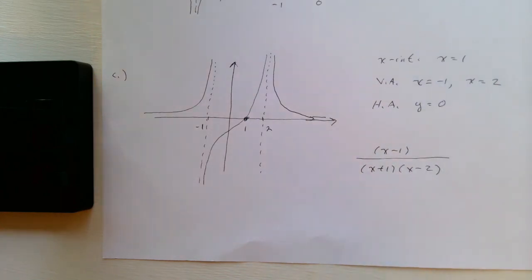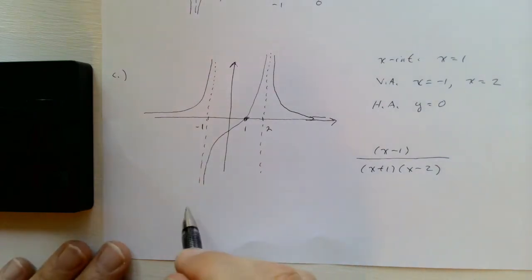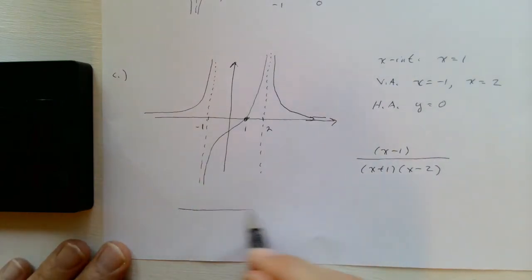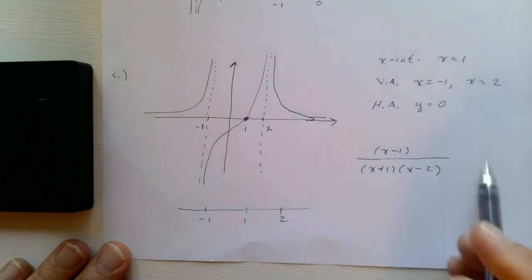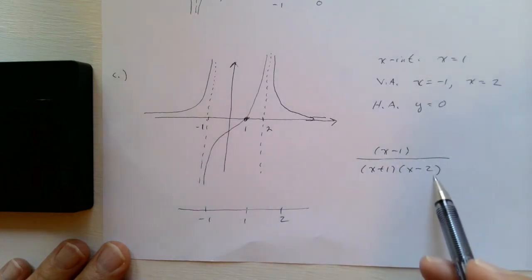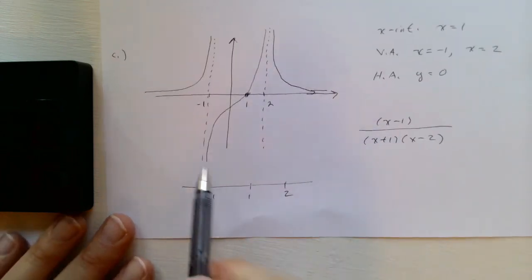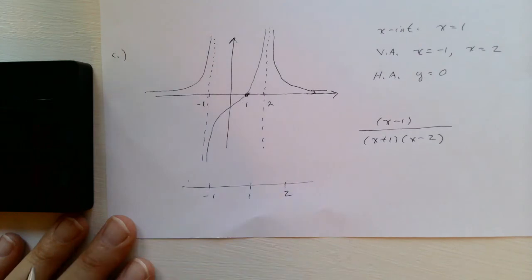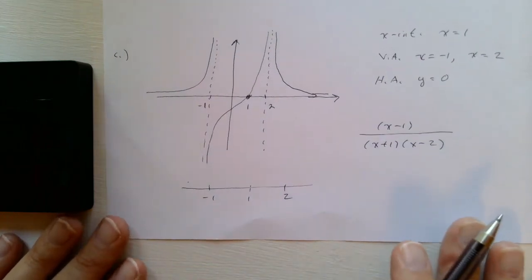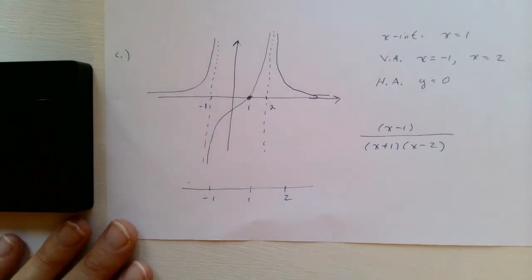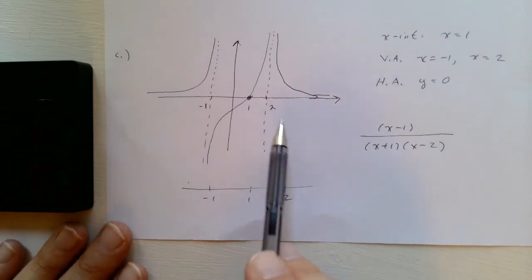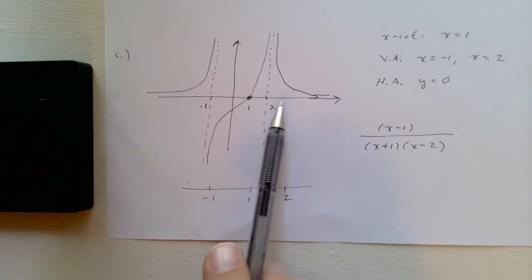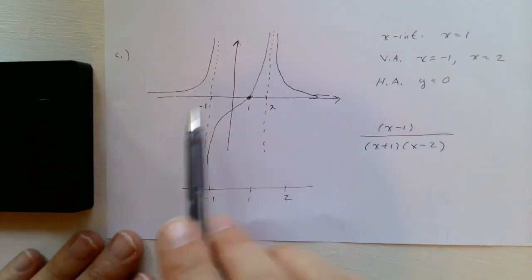And you can check the sign of this function. This changes at -1, 1, and 2, and you can do a sign chart for this, plugging in numbers on each of these intervals. Before we go any further, let's just do a sign chart on this.